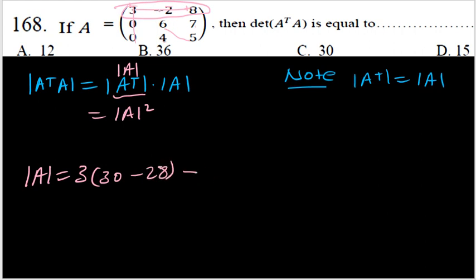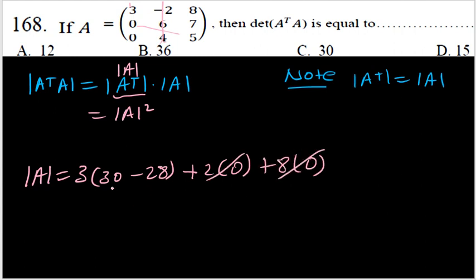Then minus, the second entry is negative 2. Negative of negative 2 will be plus 2. Then 0 times 0 minus 0, and everything is 0. The same thing, plus 8 times 0, everything will be 0 here. So here the difference, 2 times 3 will be 6. So the answer will be 6 square, that is 36, which is B.